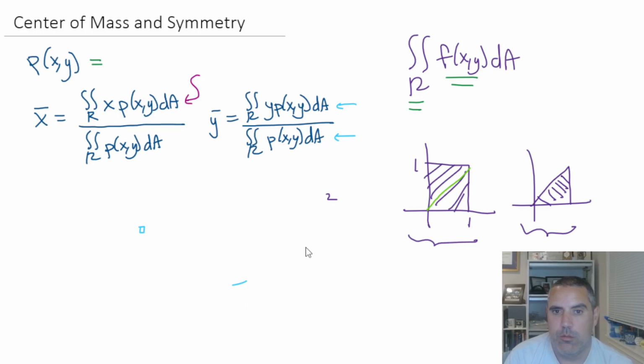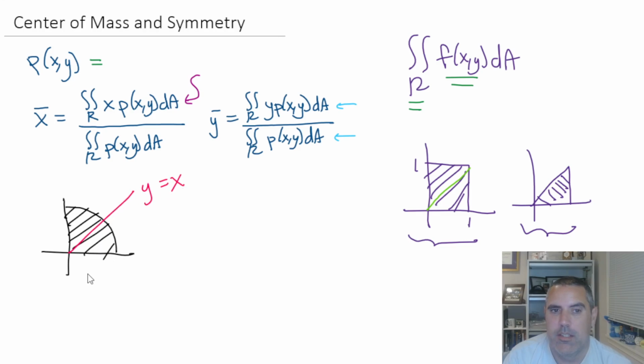There are a few other situations. Let me see if I can think of one. If you had a region like this that was symmetric over some other line, I think this is the only other situation I've ever seen where there's symmetry this way. To me, it's hard to tell usually if a formula is symmetric this way.